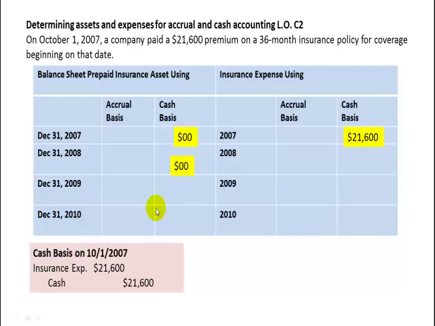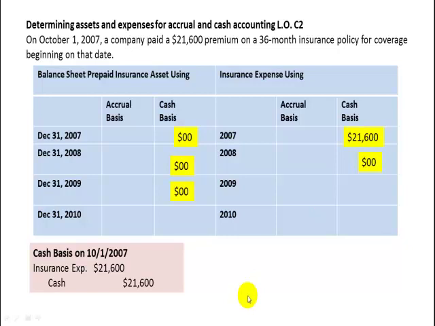At 2008, we would have, again, since it was not an asset in 2007 and it was all expensed, we still don't have anything as far as assets for this transaction, and we've got on a cash basis zero for expenses for 2008 because it was all expensed in 2007.